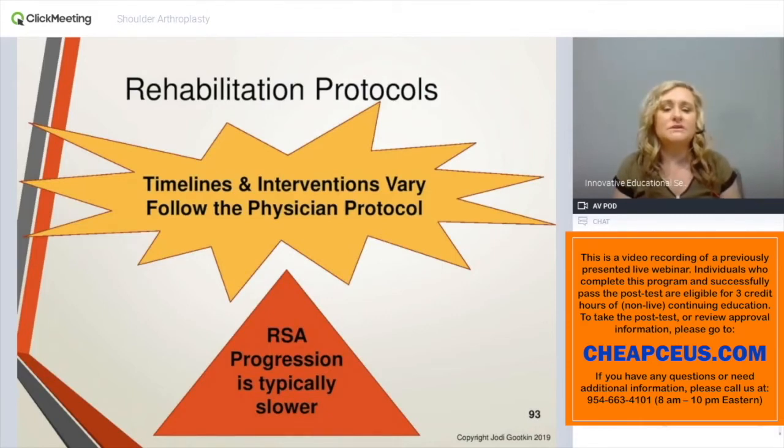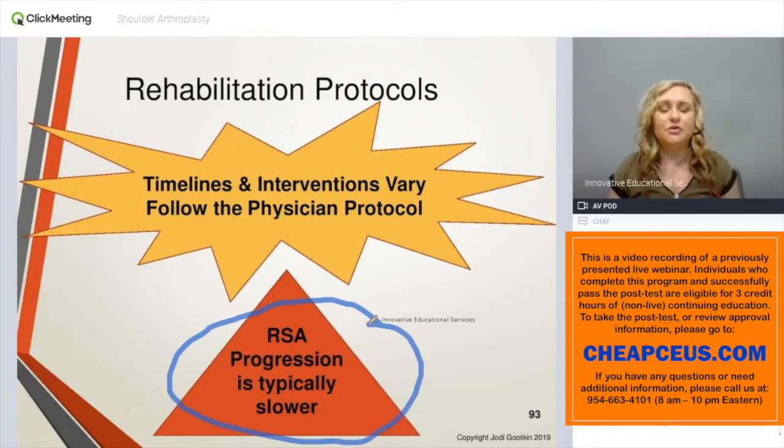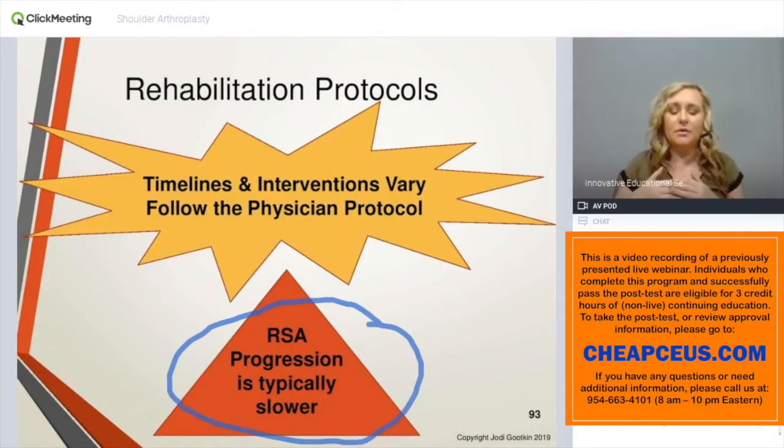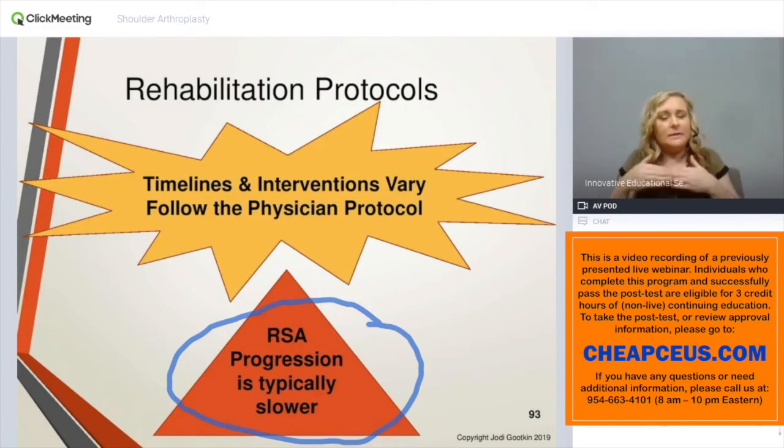The rehab protocols, the times, and the interventions are going to vary, again, because of all the different concurrent procedures that are done. One constant is that the reverse progression is definitely slower. Everything you're doing with those patients is just going to be a little bit later. Now, there's limited research on very specific exercises.